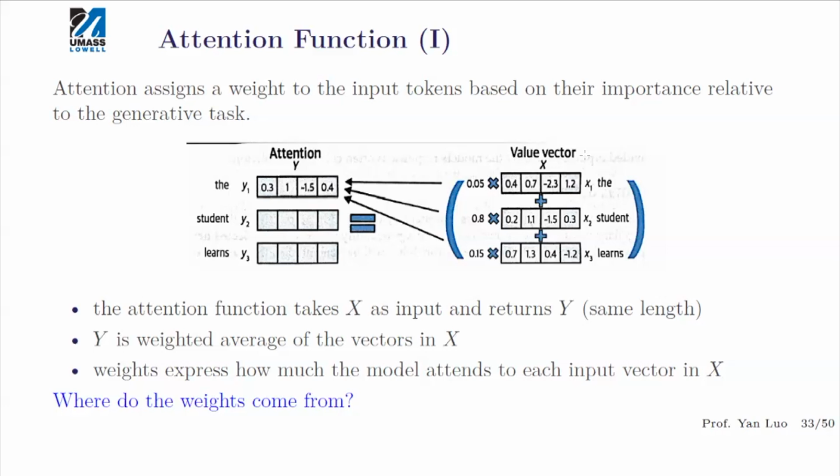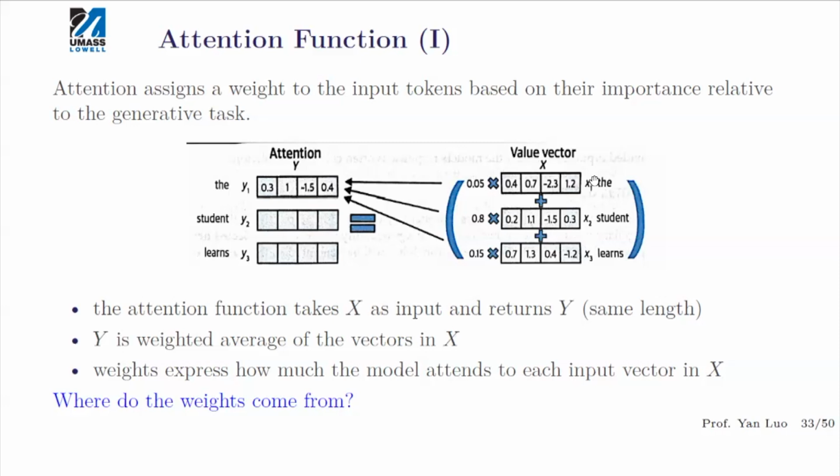The value vectors have their initial values, and then for each of the weights for the word we're trying to find out, we're trying to find out how relevant these 3 words are to this first token.